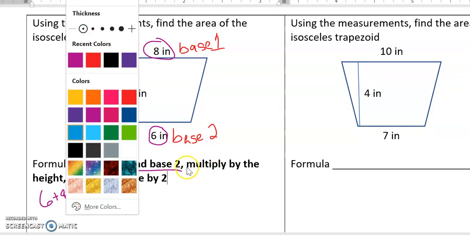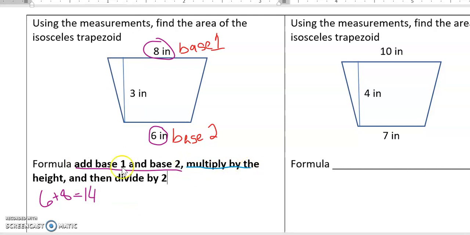was to multiply by the height. Remember I told you height is straight up and down. It makes a 90-degree angle. It makes an L with the base of the shape. So the height is always straight up and down. So I'm going to multiply this number by the height, which is 3.